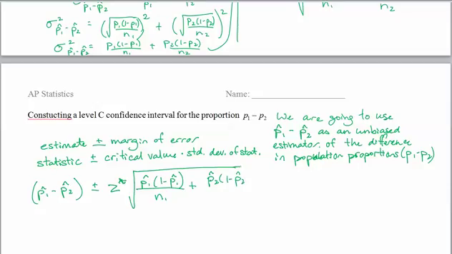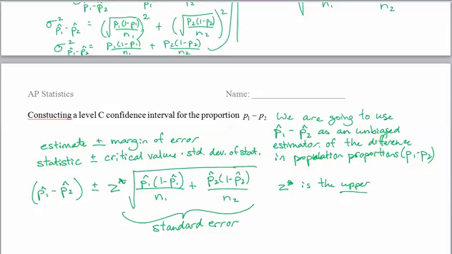This is the standard error because we're using the statistic instead of the parameter. And you'll recall that Z star is the upper critical value for confidence level C.